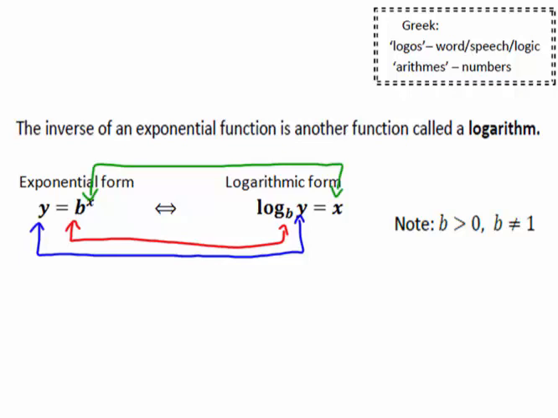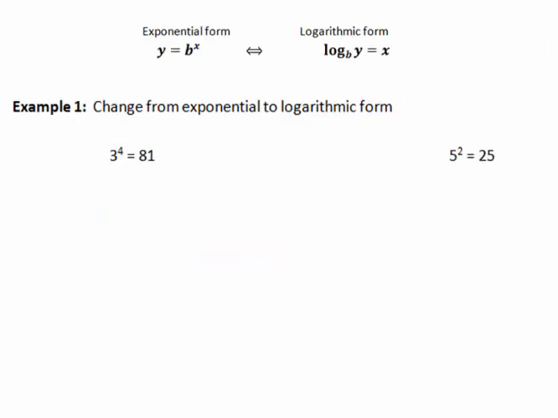And we're going to use logarithms quite a bit. So we have to know how to relate an exponential to a logarithm, how to switch from one form to the next. So let's just do our straight switch, and then we'll do a formal definition. Here is our exponential form. If we want to take it from exponential to logarithmic, well, it's pretty easy. We just follow the notation above.